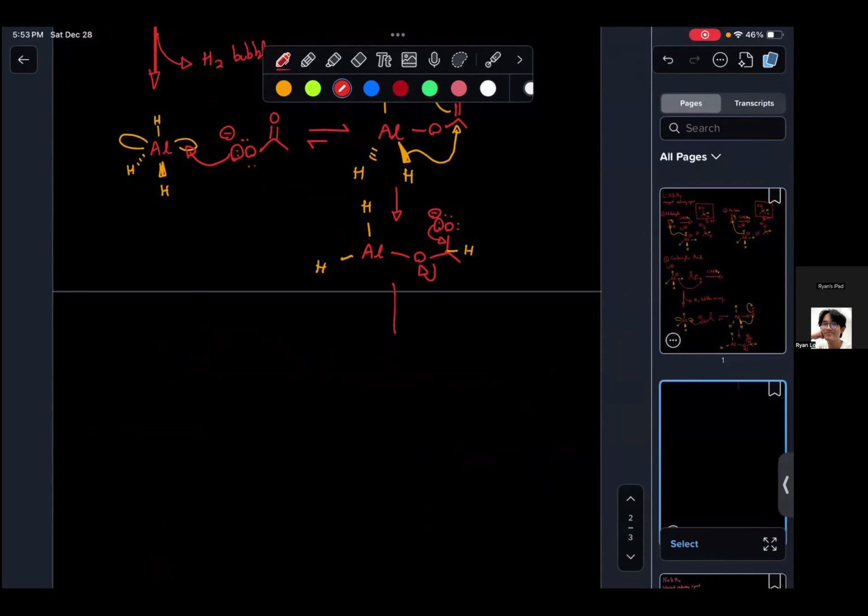And then going on from here, you are going to end up with an aldehyde on its own.